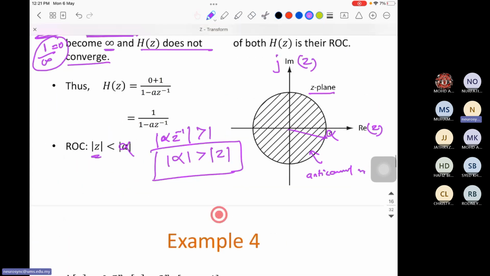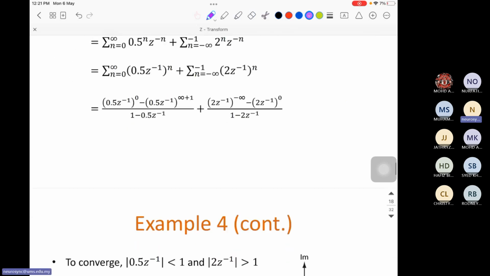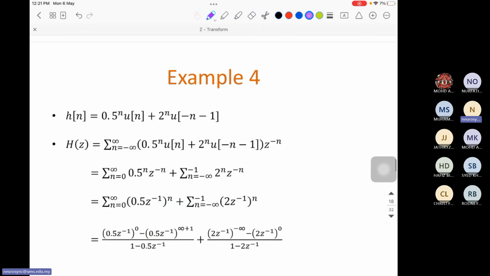Now we'll see the next example. This example is about the non-causal signal. The given h of n is 0.5 to the power n u of n plus 2 to the power n u of minus n minus 1.